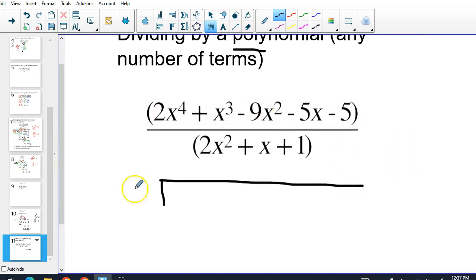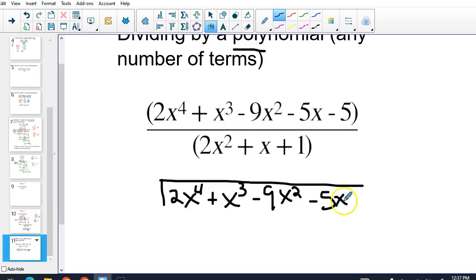Okay, so let's put this in. The numerator goes underneath it. So 2x to the 4th plus x cubed minus 9x squared minus 5x minus 5.